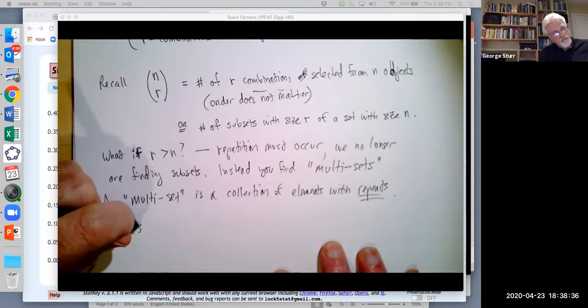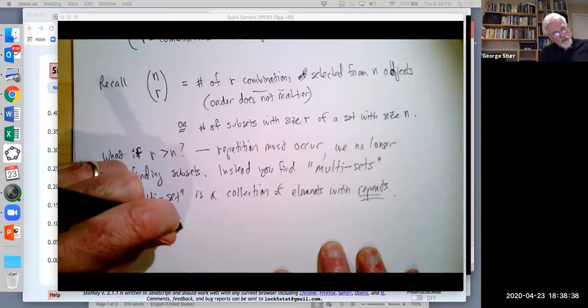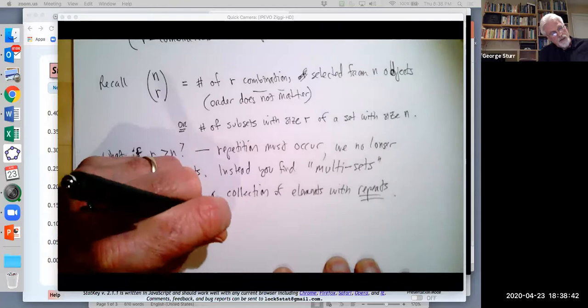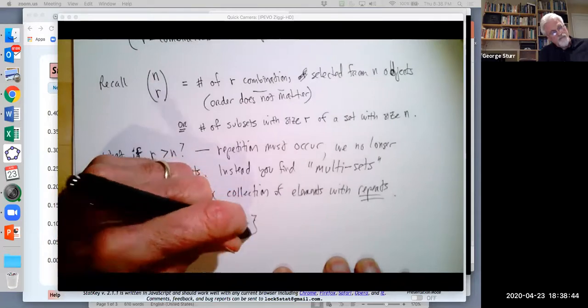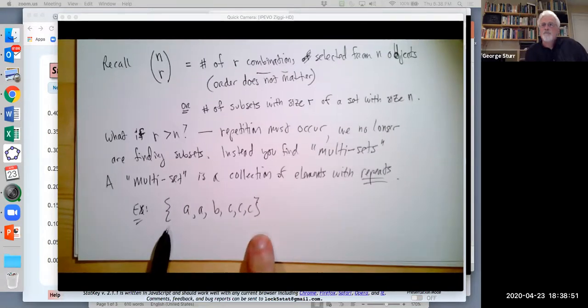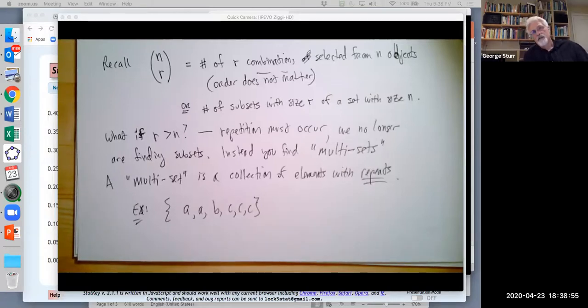Example: {A, A, B, C, C, C}. Notice that we use set braces here, but it's not a set. It's a multiset.